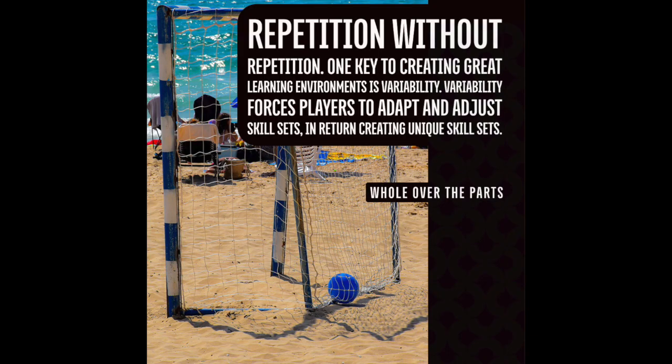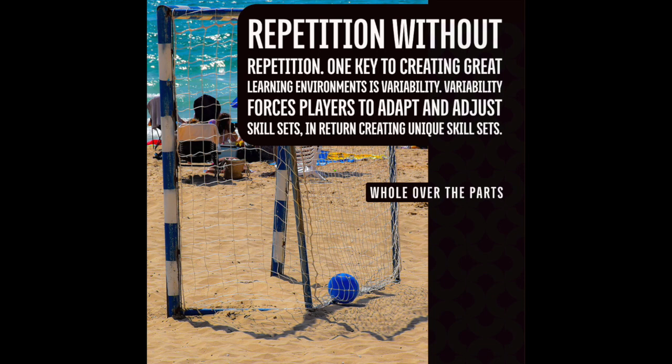When it comes to variability and unstable training environments, repetition without repetition is a very important thing to understand. If all you're going to do is the same thing over and over again, you practice just the same things. It's like a golfer who goes out with a bad swing and always just performs that same swing. But what if you give that golfer 3 clubs and tell him, hey, now you have to play the whole golf course with just those 3 clubs.